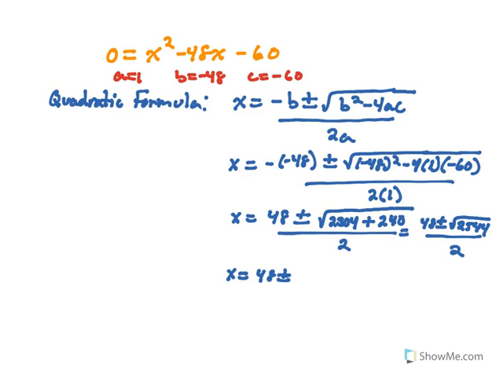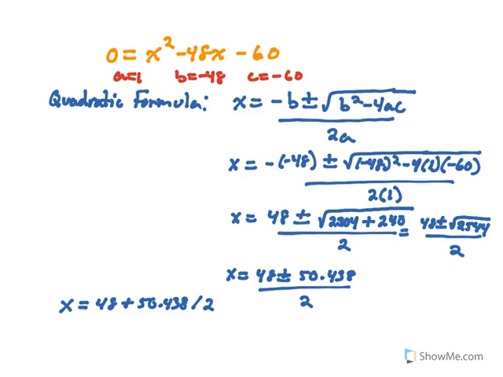So we'll do that, and then we get 50.438. And we're going to divide that by 2. So we have 2 answers here. Let's see which one works. The first one, you can write as x equals 48 plus 50.438 divided by 2.